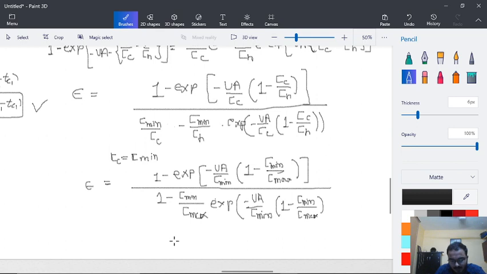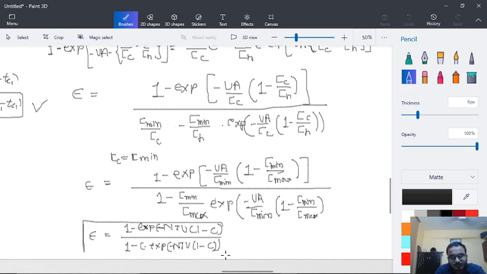So finally what we will be getting here, epsilon is equal to 1 minus exp into minus NTU (1 minus C) divided by 1 minus C into exp into minus NTU (1 minus C). So this is the value of effectiveness for counter flow heat exchanger.